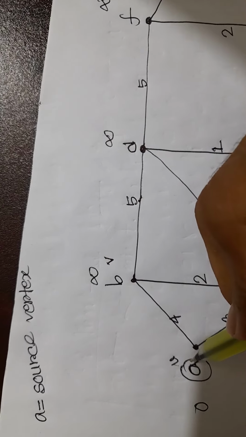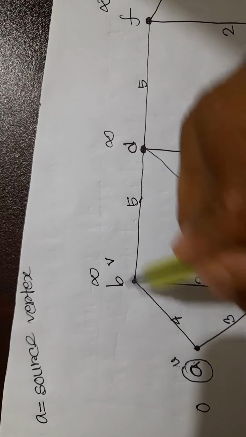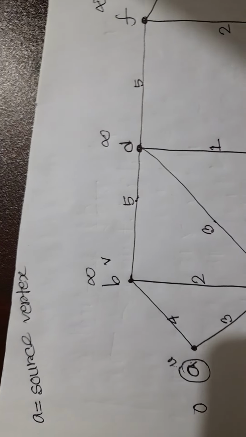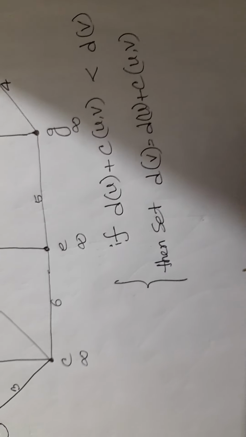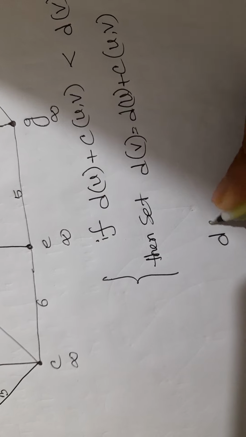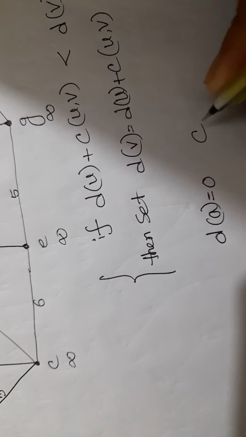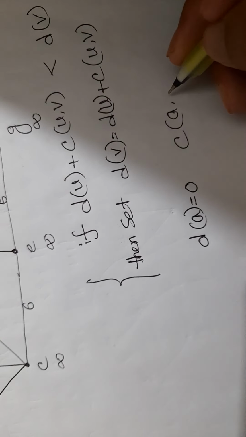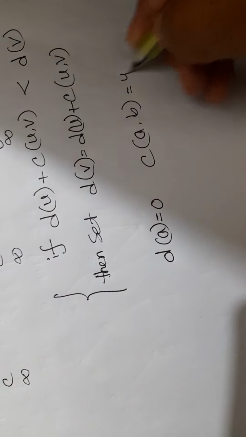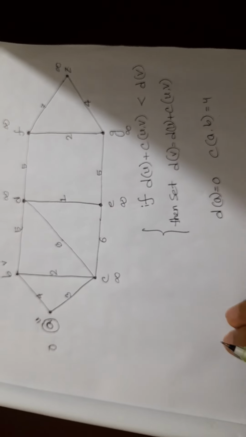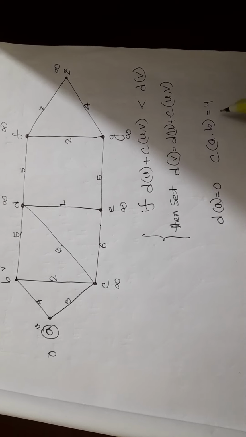Again we can say that the distance of A equals to 0, the cost of AB equals to 4. We can write it like that: distance of A equals to 0, cost of AB equals to 4.